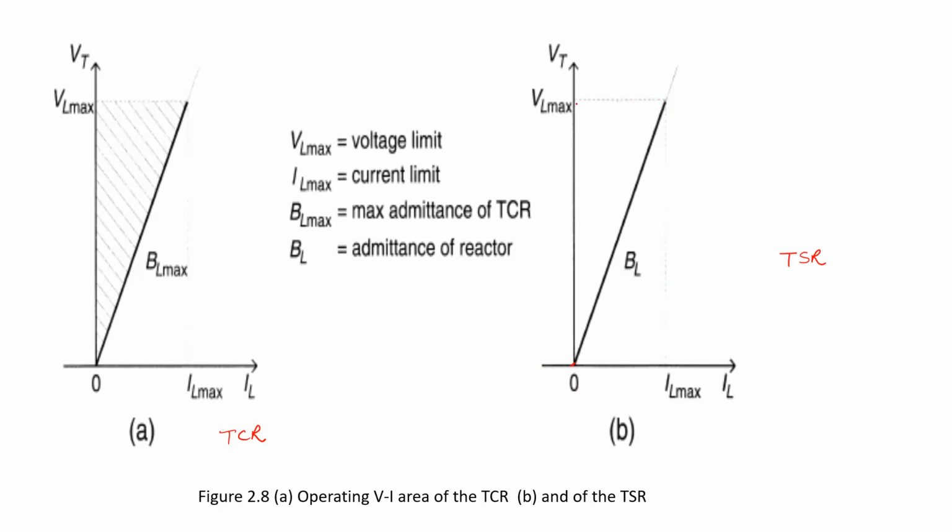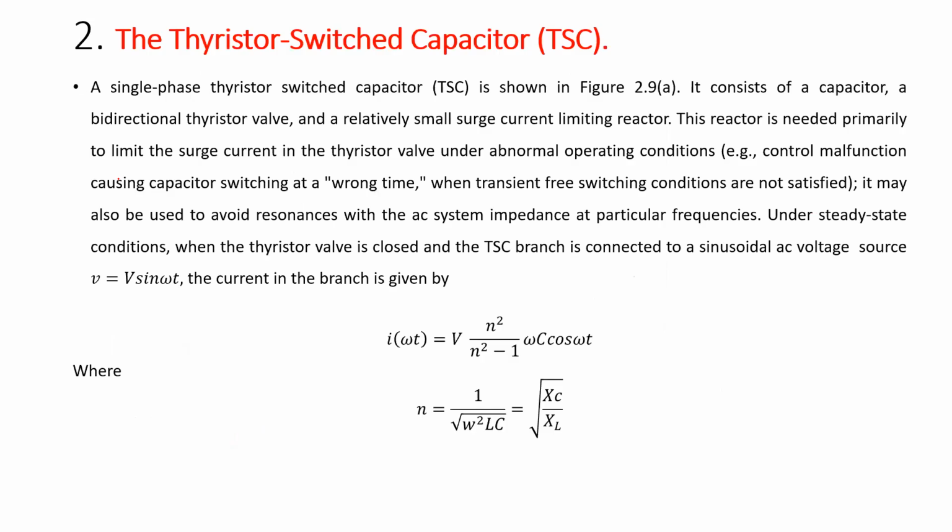So this is governed by the system voltage and current, maximum current capacity of thyristor as well as the valves that are there. So this is the difference. This hatched area, these lines indicate the entire area where we can operate our thyristor control reactor.